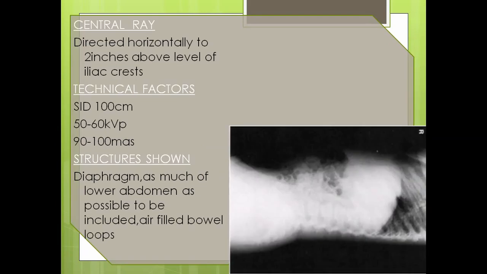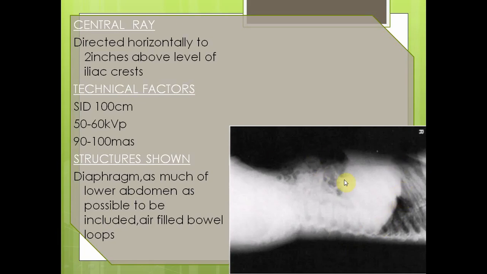Again, the centering ray will pass horizontally, 2 inches above the iliac crest. Again, the factors will be 50 to 60 kVp, 90 to 100 mAs. What structures are you going to see? You are going to see the dome of the diaphragm. See here, this is the lateral positioning, dome of the diaphragm.